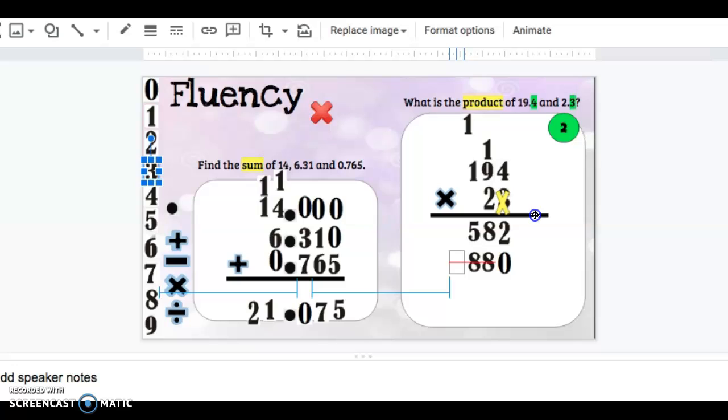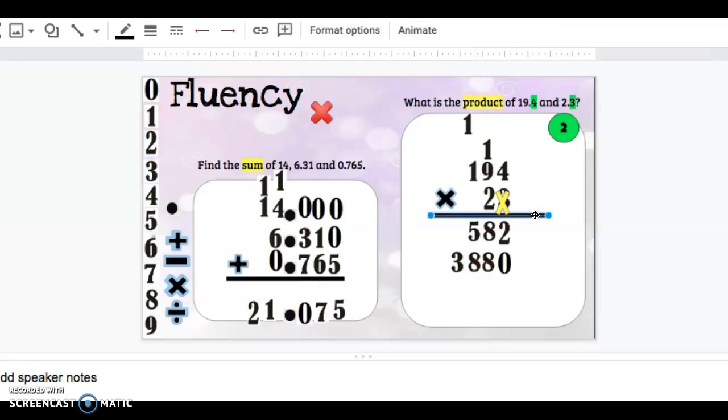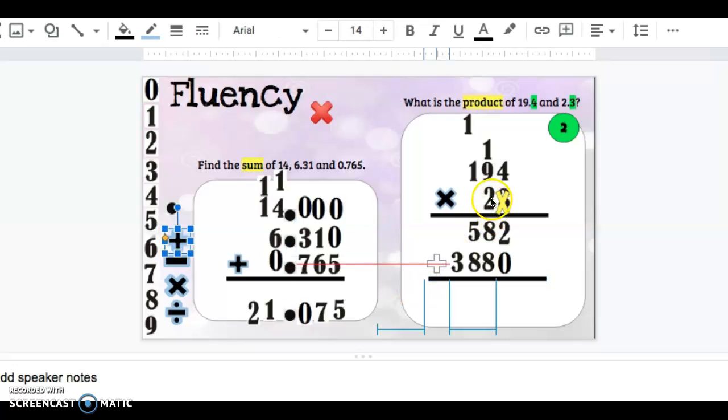So now you are going to add those numbers up. You're going to add those up now. Because you're done with your 2, you have no more numbers to multiply.